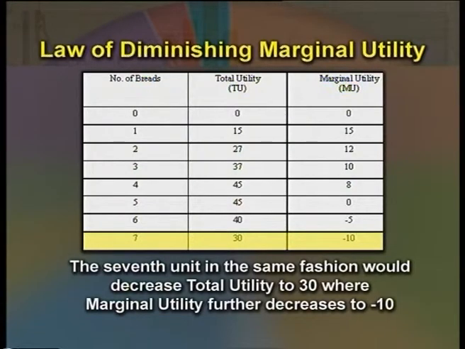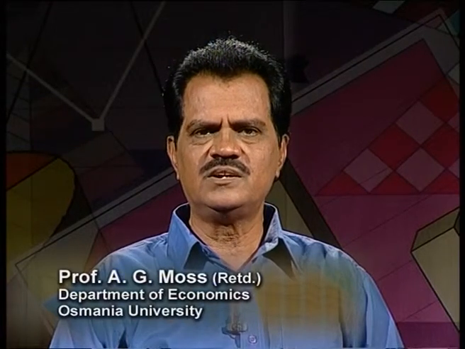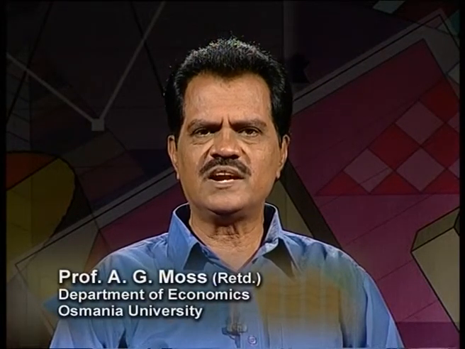And so this table goes to prove that marginal utility diminishes as more and more is consumed, and initially it is positive, then it may become 0, and if consumption continues it may also become negative, leading to disutility.